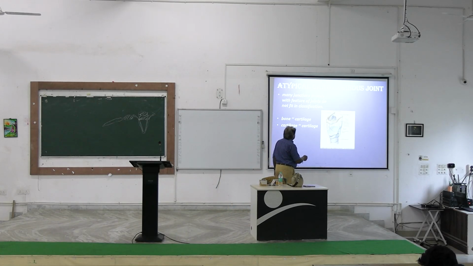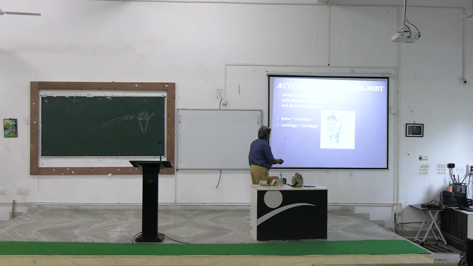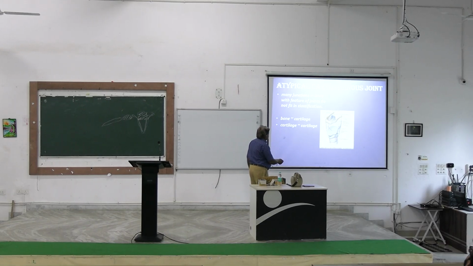Now, this is the thyroid membrane, the median thyroid ligament, and you can see this is the larynx, and this is the trachea.